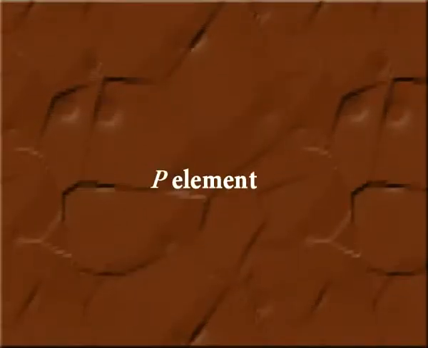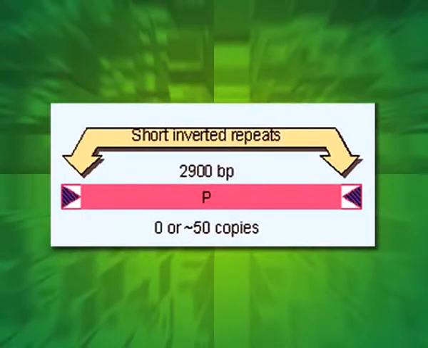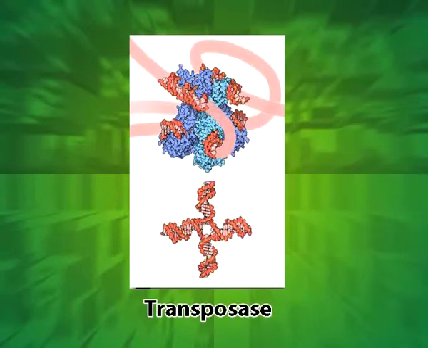Now the P elements. The P element in Drosophila is one of the best examples of exploiting the properties of transposable elements in eukaryotes. This element is 2907 base pairs long and features a 31 base pair inverted repeat at each end. The element encodes a transposase.